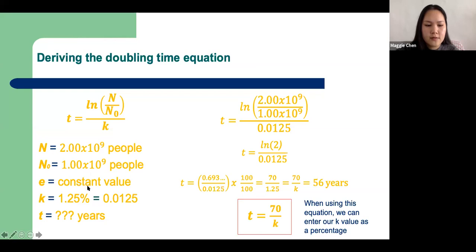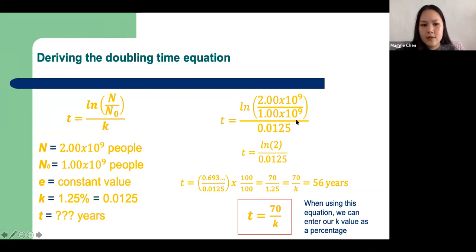Again, our e is a constant value and our k is 1.25%, rewritten as a decimal is 0.0125. So you can see from our N naught to our N, it just doubles, where our 1.00 times 10 to the 9 doubles to get our 2.00 times 10 to the 9.